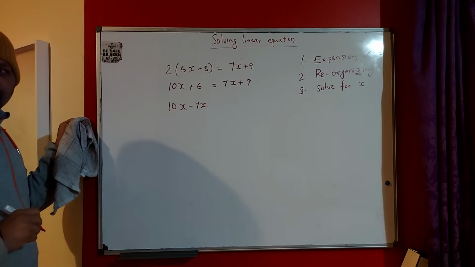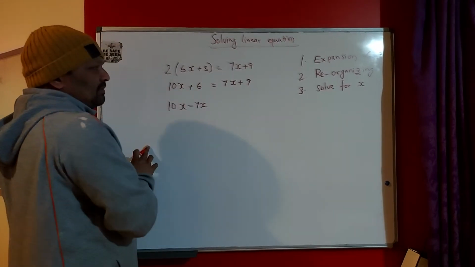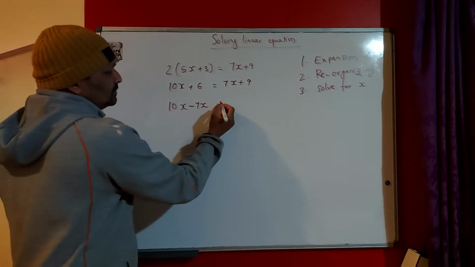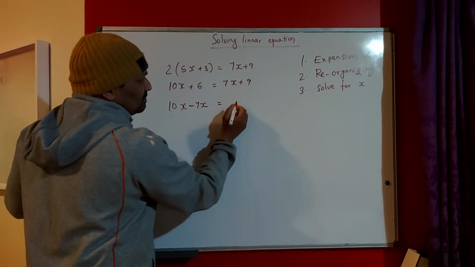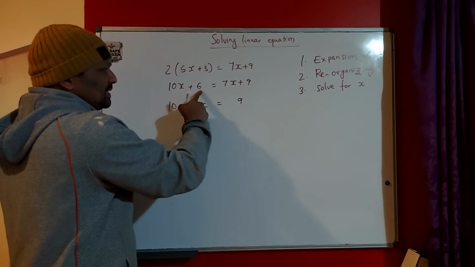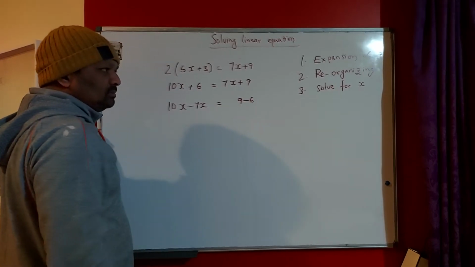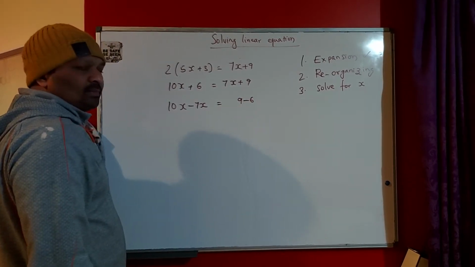Do you agree? Yes. Okay. Plus, if it goes to the other side of equal to symbol, it becomes minus. On the right side, you already have 9 plus 9. Leave it on the right side. And this plus 6, if you take it to the other side, it becomes a minus 6. Okay.